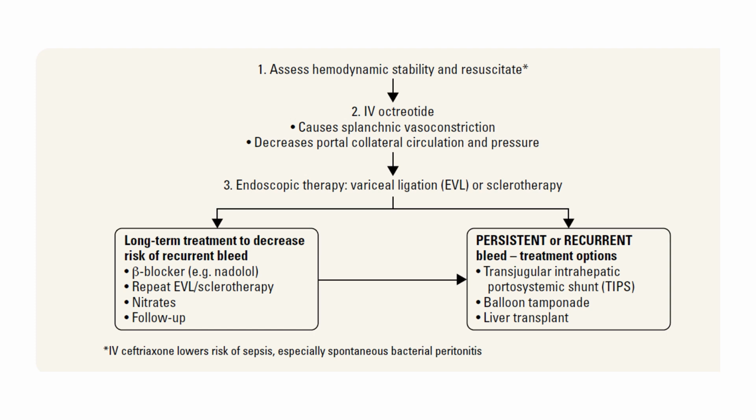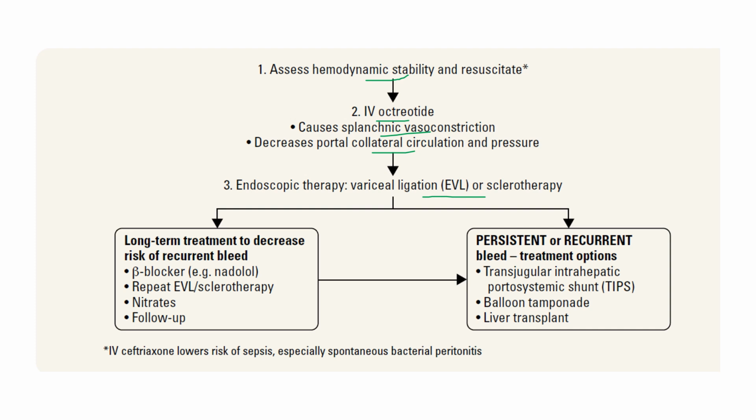Now, if a patient has come with GI bleeding, what do you do? You have to assess the hemodynamic stability and resuscitate the patient first. You can give IV octreotide. It can cause splanchnic vasoconstriction, mainly in case of variceal bleeding, and it decreases portal circulation and pressure. Then endoscopic therapy with variceal ligation or sclerotherapy.